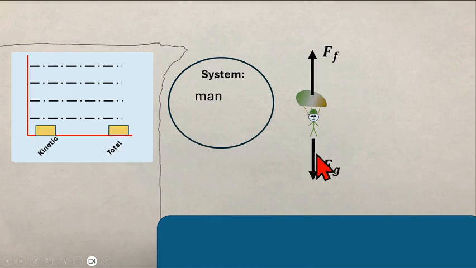So let's look at the forces and see what caused this change in total energy. Because if you have any change in total energy, whether positive or negative, you must have work done by an outside force. So in this case, both forces are outside forces. The force of gravity came from the Earth, which is not in our system. It had the effect of bringing the kinetic energy up, right? Which in turn brought the total energy up. So that was an outside force doing positive work.